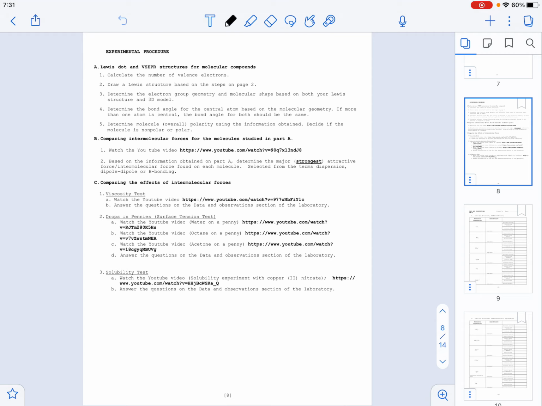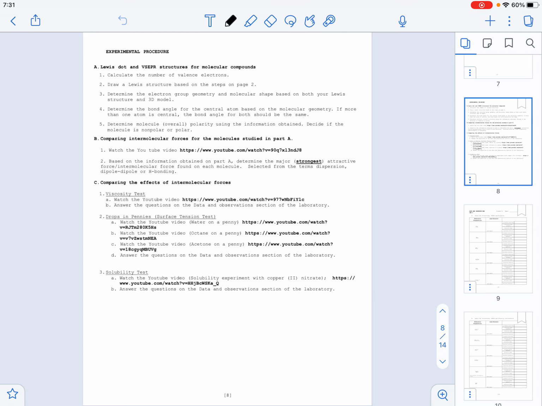The idea is that based on the attractive force that a particular substance has, you will see a correlation with the number of drops that can be placed on the penny, because the stronger the attractive force, the more drops can be added to the penny. Lastly, we have a solubility test.